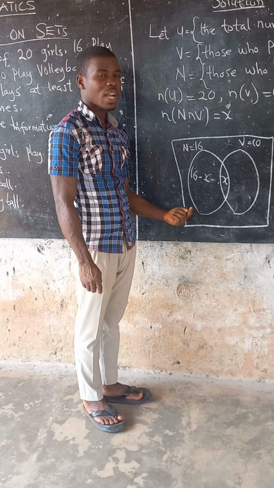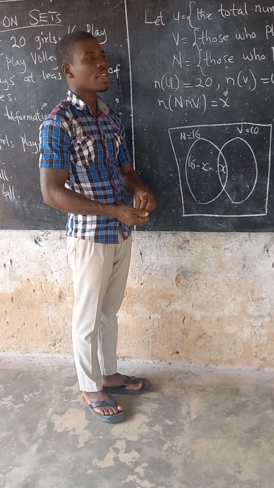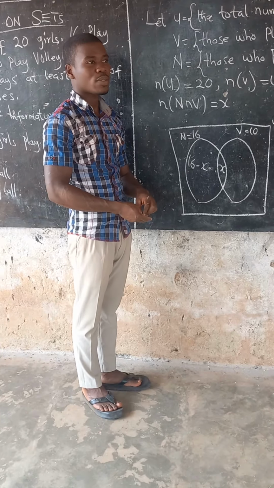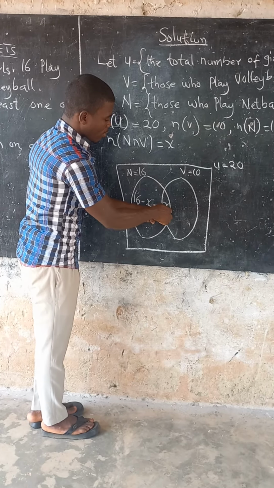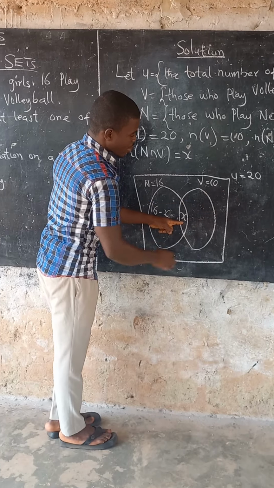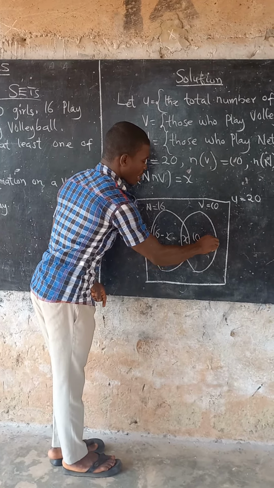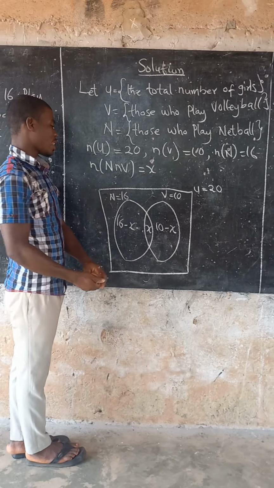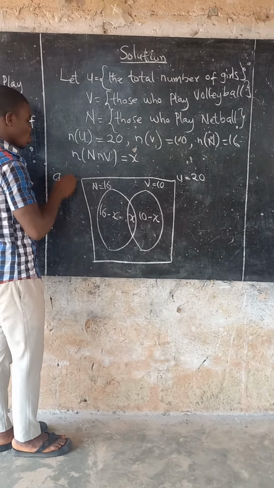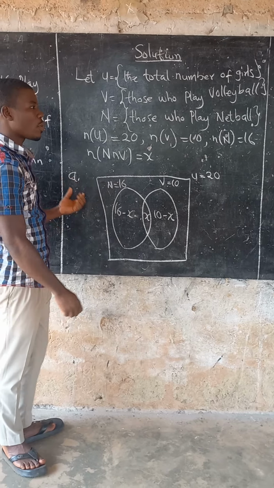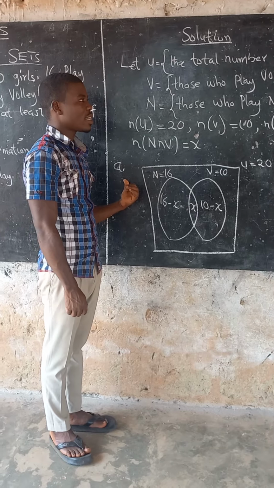In the same way, V only will be 10 minus x. So this is our A. A is saying that represent the information on a Venn diagram.